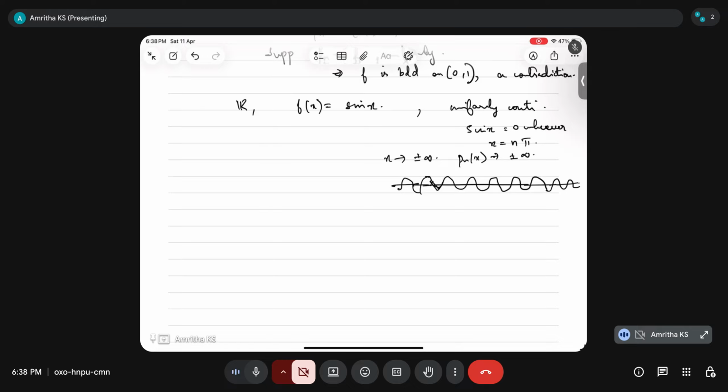This is an easy exercise from continuity.